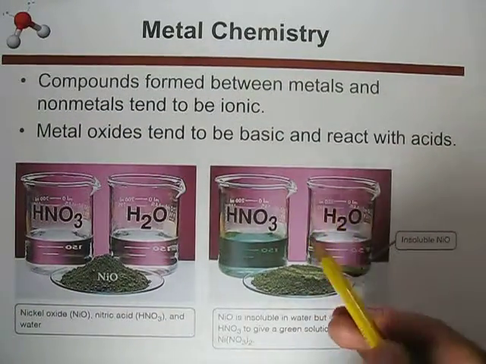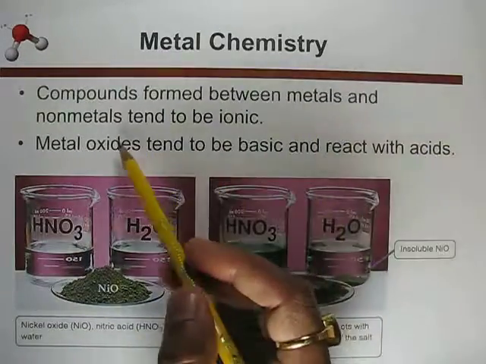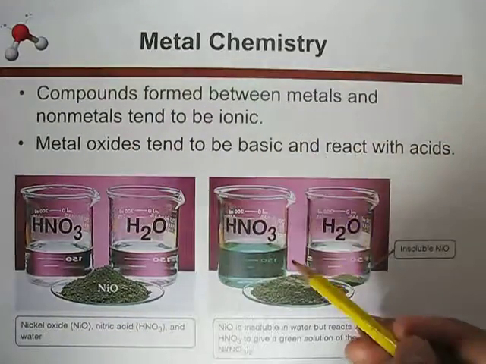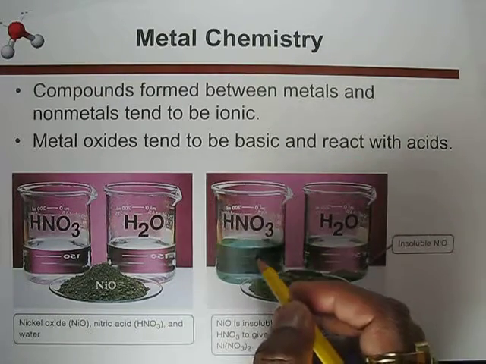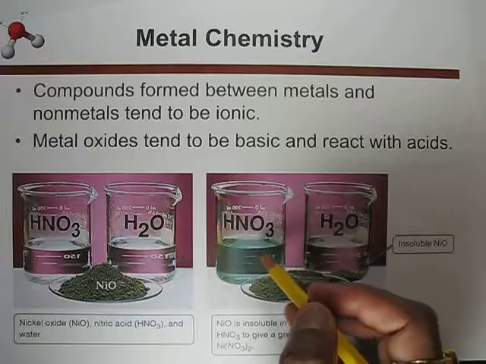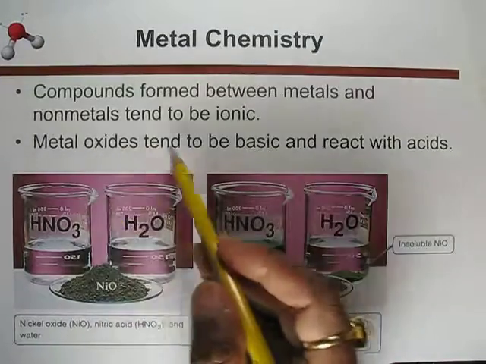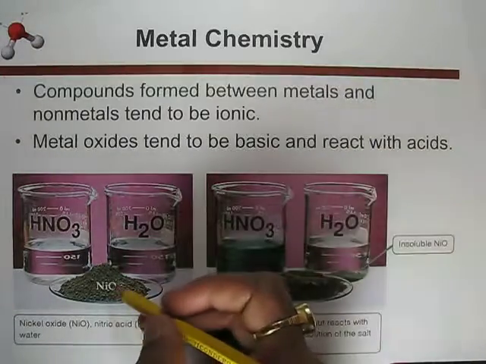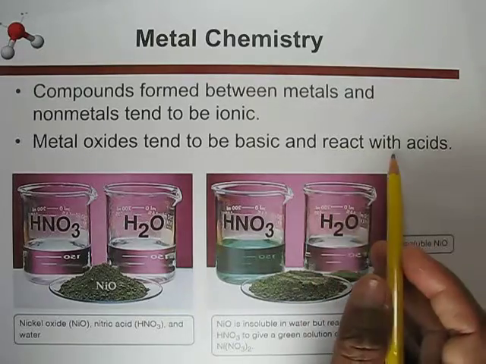So compounds formed between metals and nonmetals tend to be ionic. Nickel nitrate is an ionic compound and it is dissolved, that is why it gives some color. And metal oxides, for example nickel oxide here, tend to be basic and react with acid.